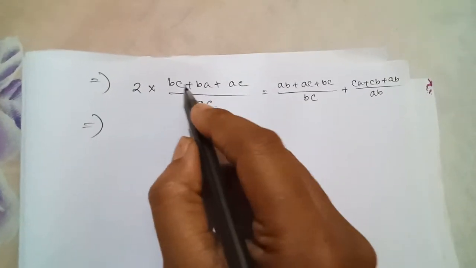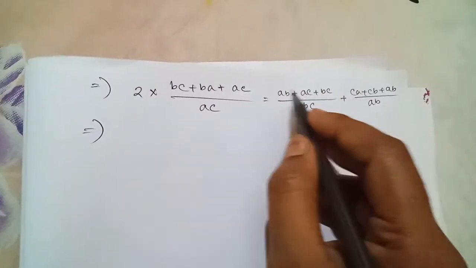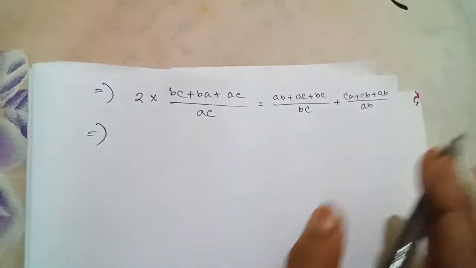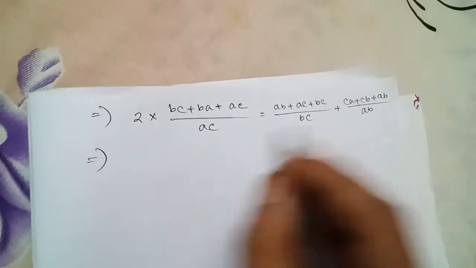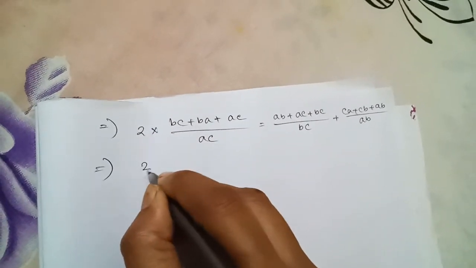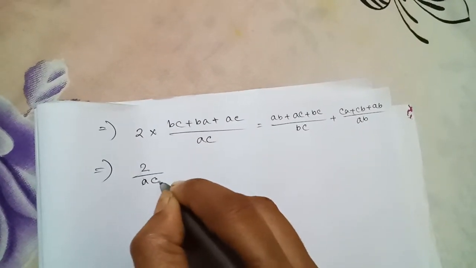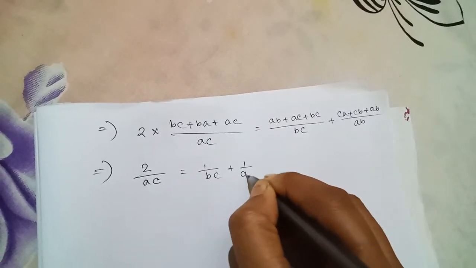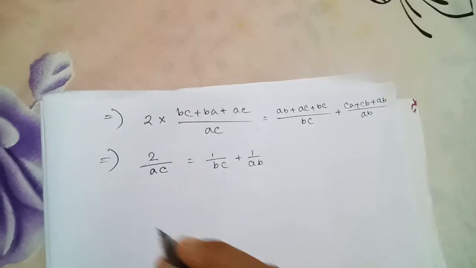Okay. Now look, the numerator of all these three is actually the same, AB plus AC plus BC. Okay, so we can cancel those. That means we are left with 2 by AC equals 1 by BC plus 1 by AB, right?